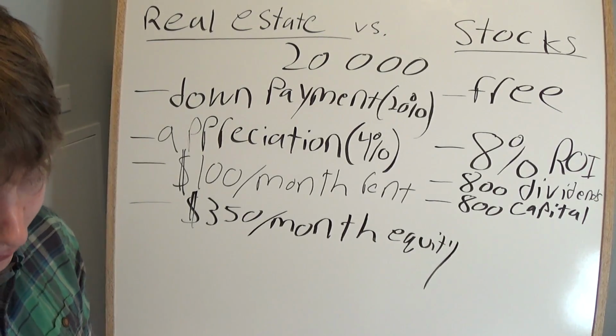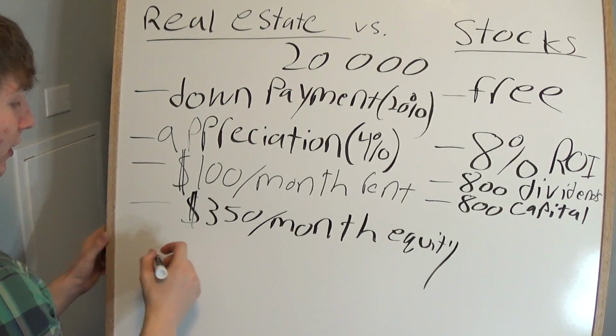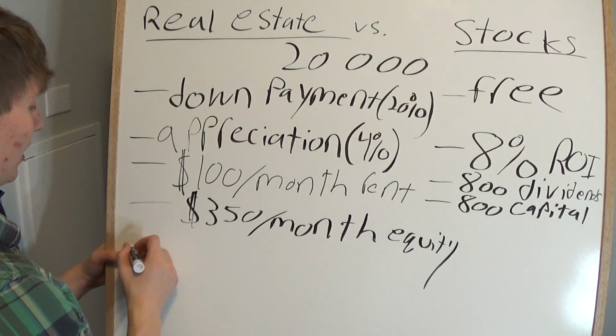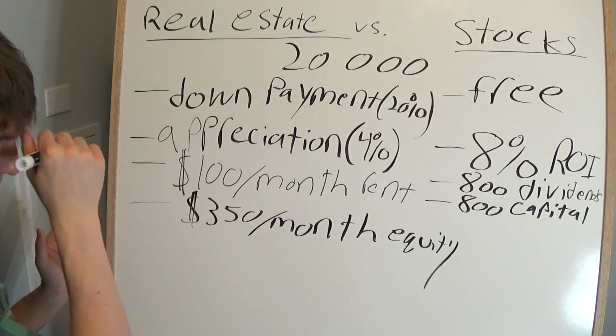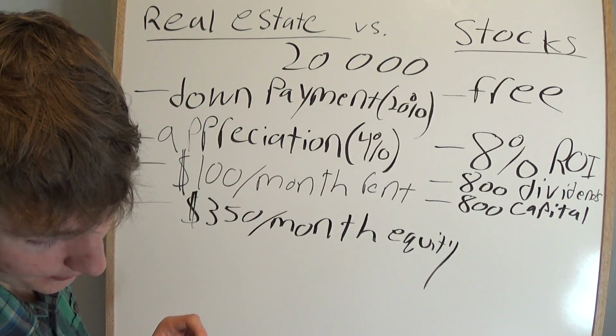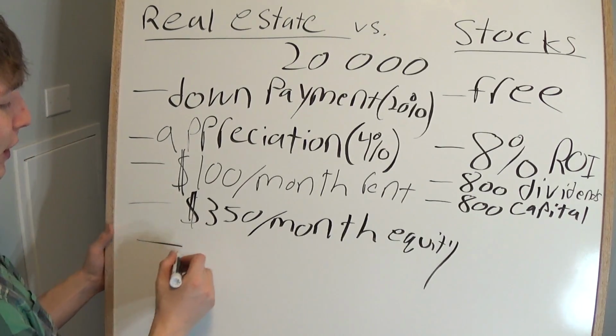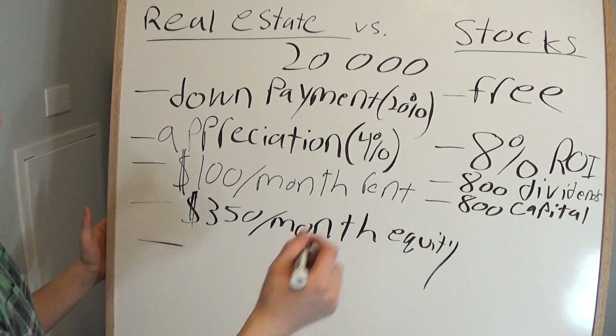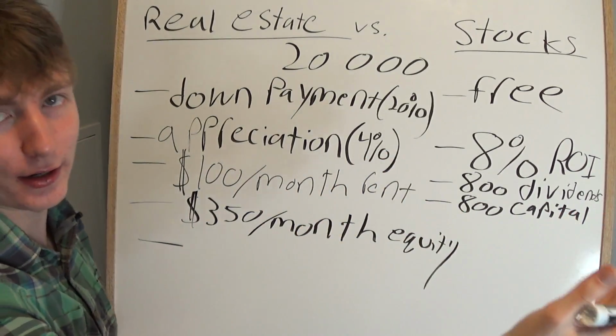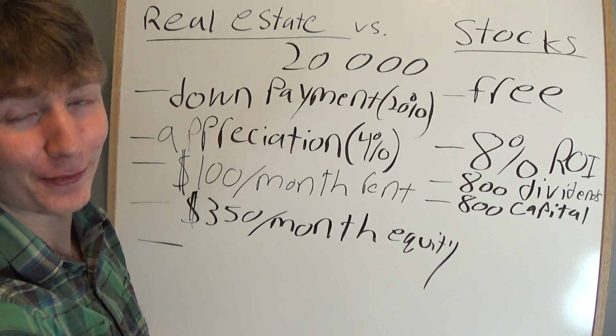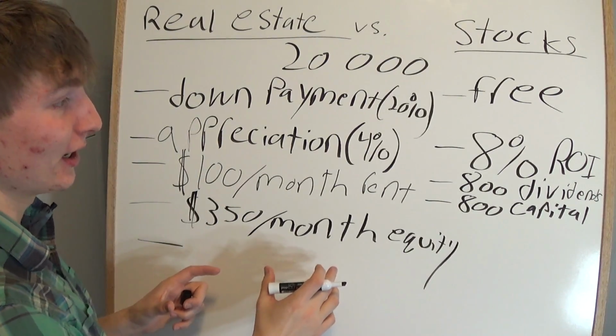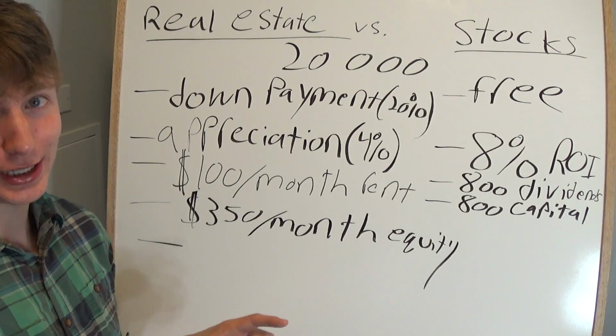Now that equates to $4,200 a year. So in equity, you're getting $4,200. I'll write this in a second. What this is doing is like you're gaining extra stocks in the stock market, if that makes any sense. By gaining equity, it's like you're getting stocks for free.